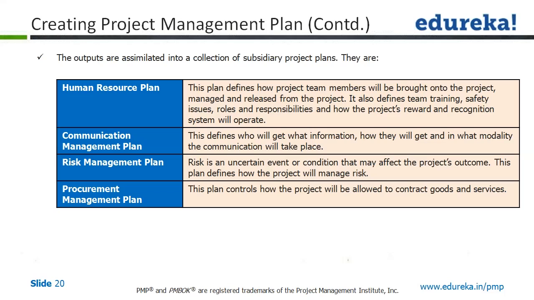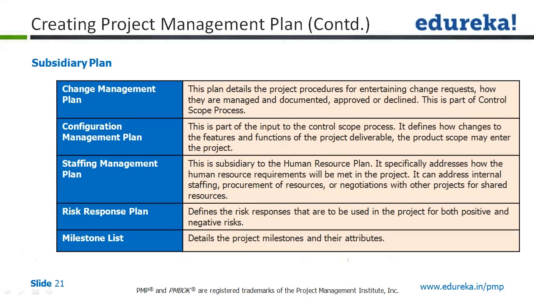Risk management plan will help us to identify and manage the various risks. Procurement management plan will help us to control the procurement. Change management plan would help us to bring in a change once the changes are initiated and approved by the change control board. We would follow the change management plan.